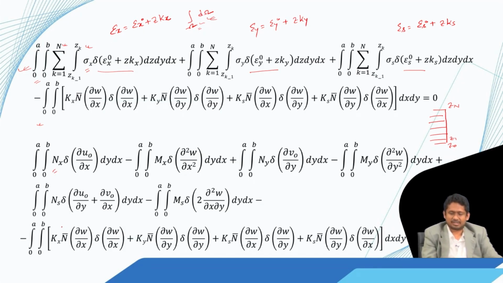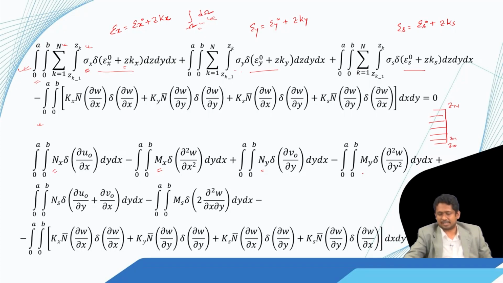We have discussed this before, and similarly if I integrate sigma x multiplied by z over the thickness and sum it up, we get Mx, and likewise from sigma y we get Ny, and the integral of sigma y into z gives My, the integral of sigma s gives Ns, and the integral of sigma s into z gives Ms. And also kappa x, as per definition, is minus del 2 w by del x2, so a negative sign comes here.